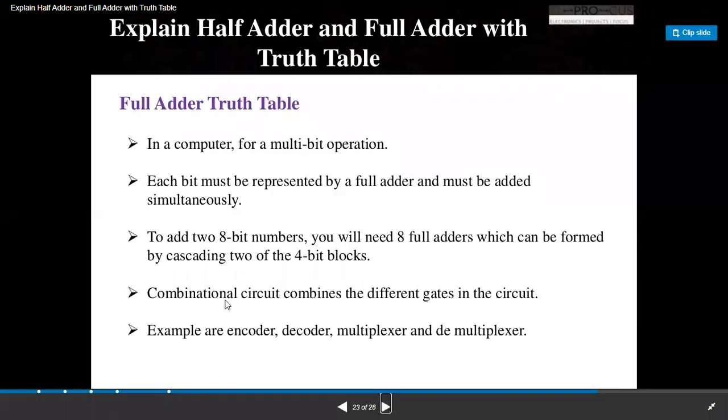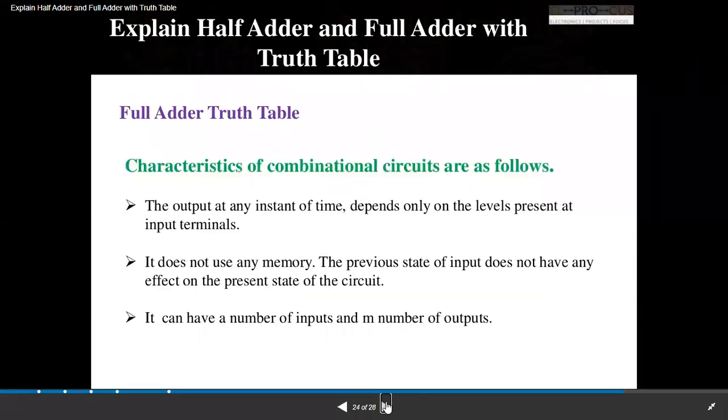The combinational circuit combines different gates in the circuit. We know that combinational circuits are made up of gates, and sequential circuits are made up of flip-flops. Examples of combinational circuits are the encoder, decoder, multiplexer and demultiplexer, where the operations are performed in decoding, multiplexing, encoding and demultiplexing.